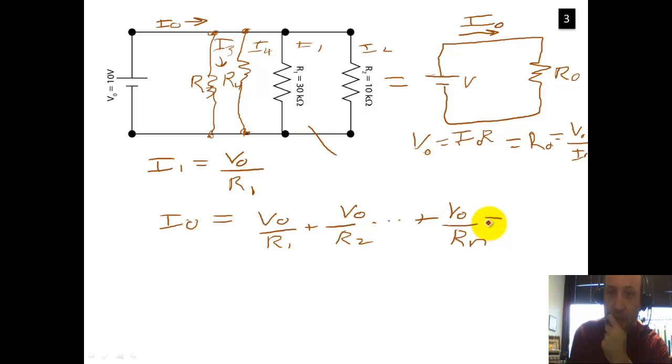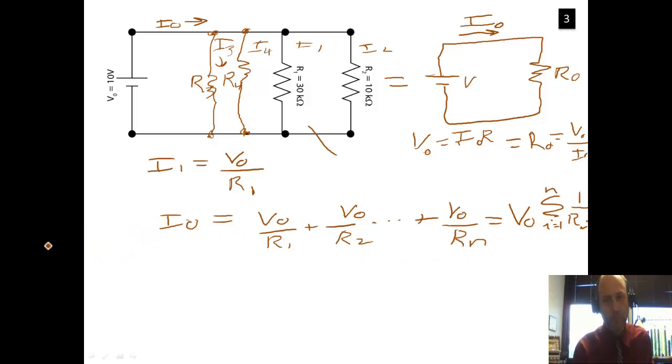So we can take the V naught out of there, and we get V naught times the summation from i equals 1 to n of 1 over Ri. So go back to Ohm's law. That resistor, that R naught, has got to equal V naught over I naught.